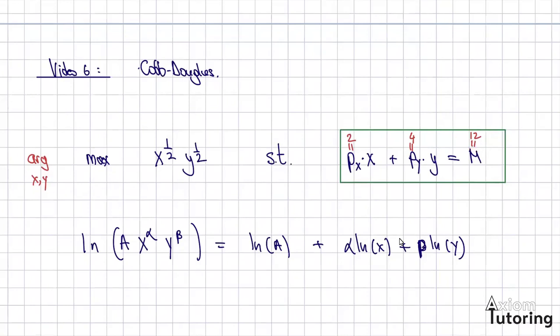I'm going to spend half of my income on x. What's half of my income? 6. How many units of x can I get? Well, 6 divided by 2 is 3. So I immediately know that x star is equal to 3. What about y? I'm going to spend half of my income on y, so 6. What's the price of y? 4. So how many y's am I going to get? 1.5.